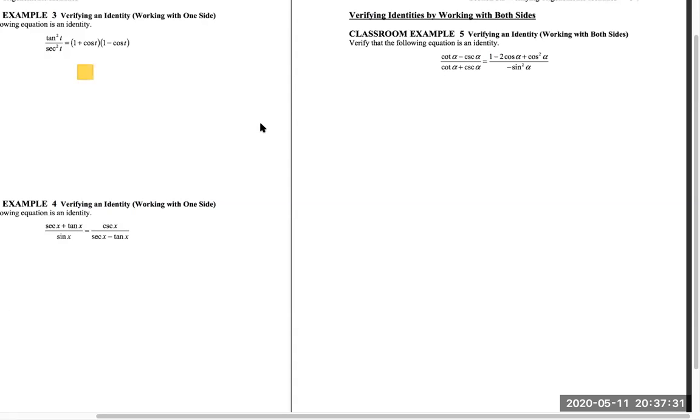Okay, so the first thing we discussed last time in sections 5.1 and 5.2 was how we can verify identities. One of the first things I mentioned was drawing a line down your page where the equal sign is, and realizing that you can't cross this line with algebraic steps.